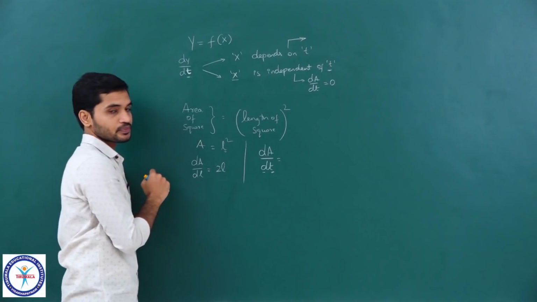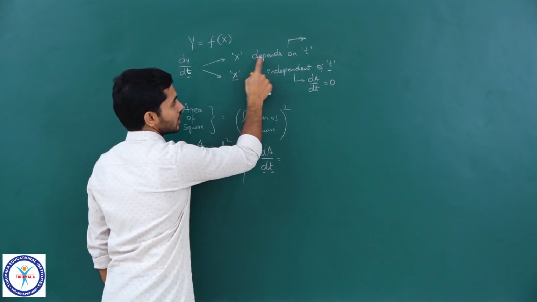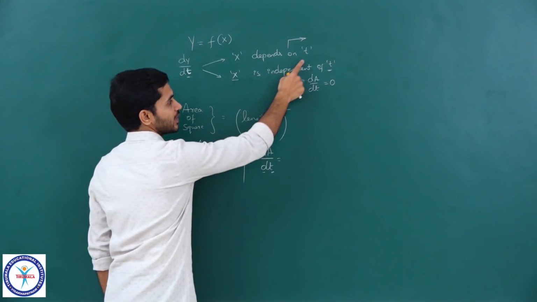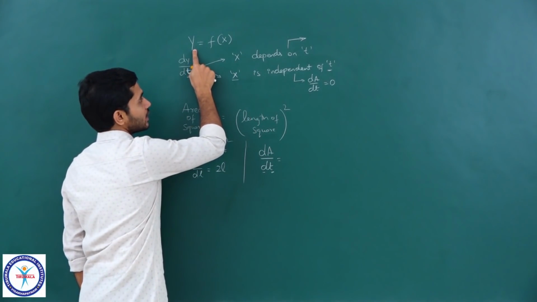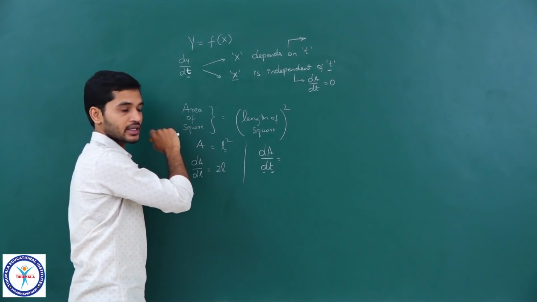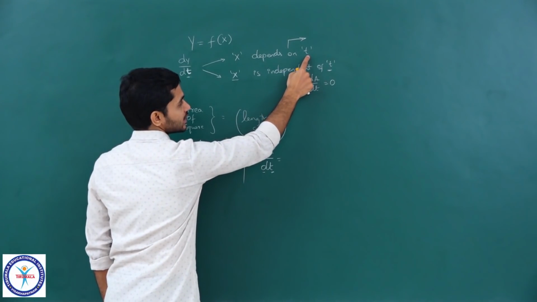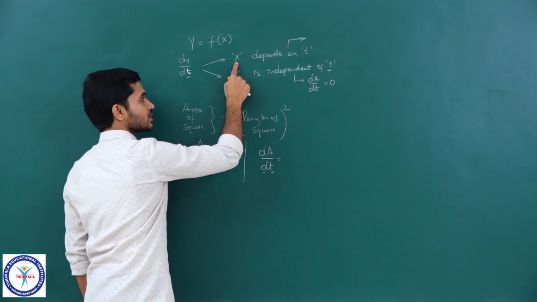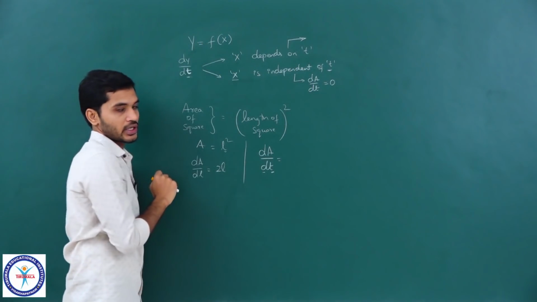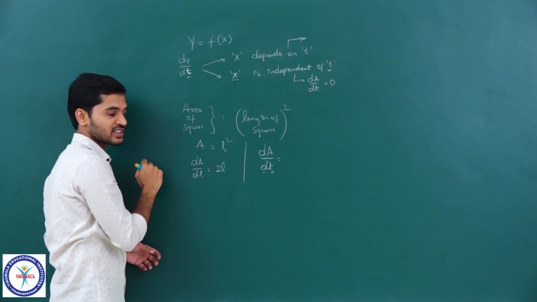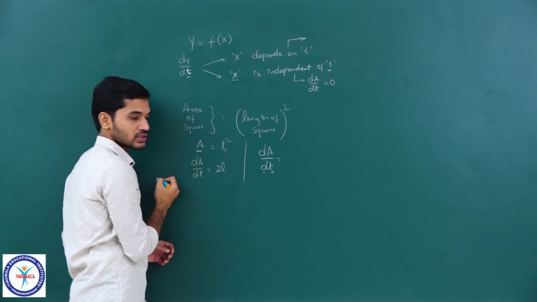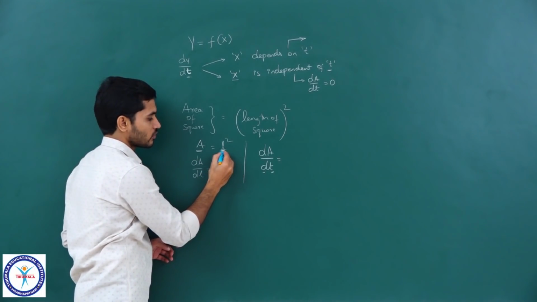The problem comes in the other scenario, where x depends on t, which means by changing t, x will change, and y depends on x, which means by changing t, I am changing x, which in turn changes y. That is the scenario. If I explain with this example, I have the area of the square and the length of the square.